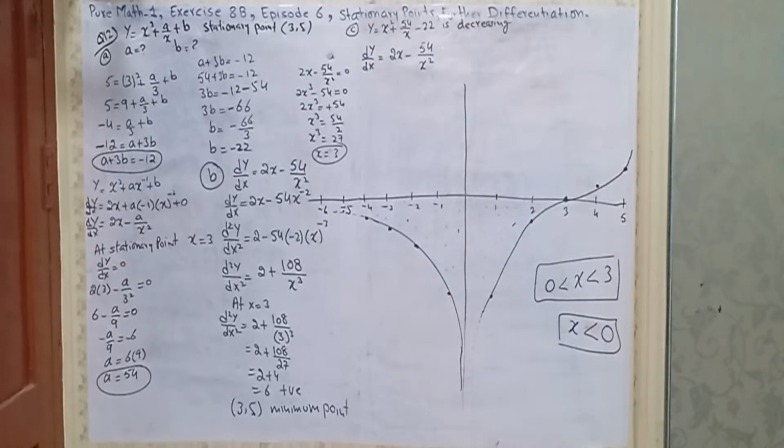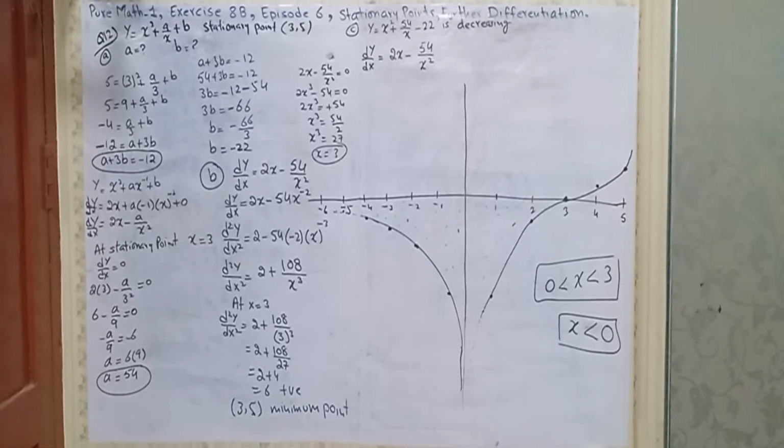If the dy by dx value is positive, this function will be increasing. So this last part, part C, is a little bit difficult. But if you have this idea, then it's not a big deal. You just have to draw it. If you do not get confused, then it's no problem.